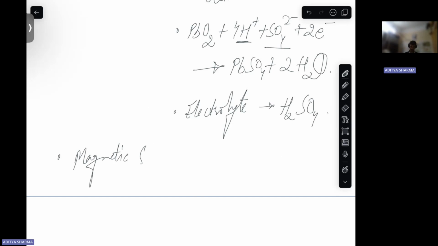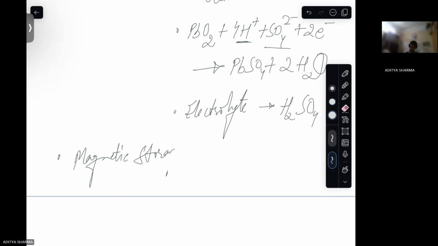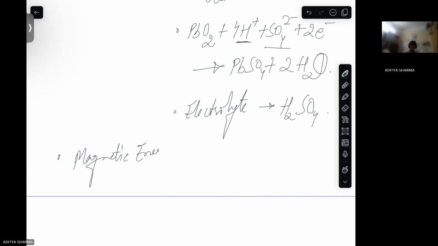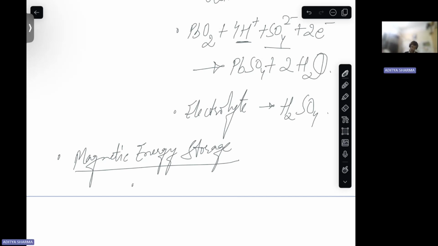Then is your magnetic energy storage. So what happens in your magnetic energy storage? Basically, you take help of superconductivity.